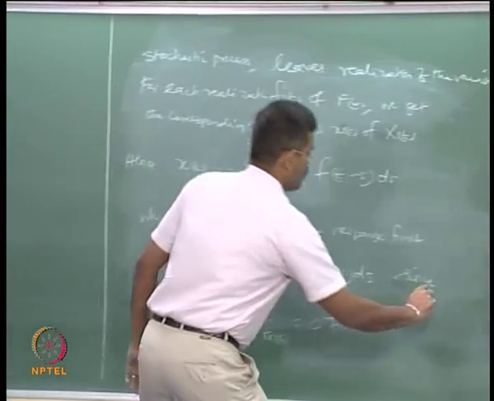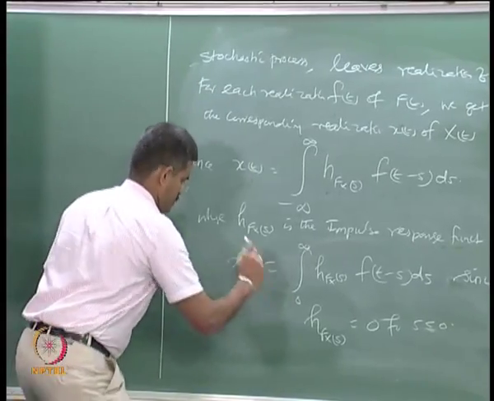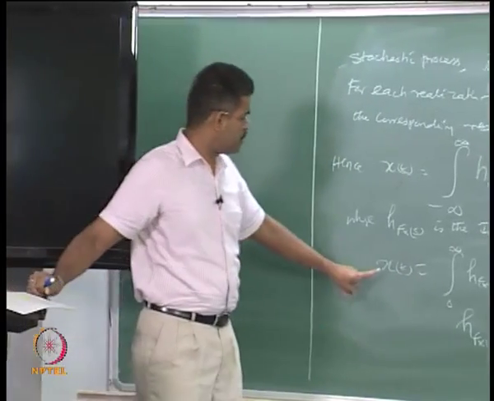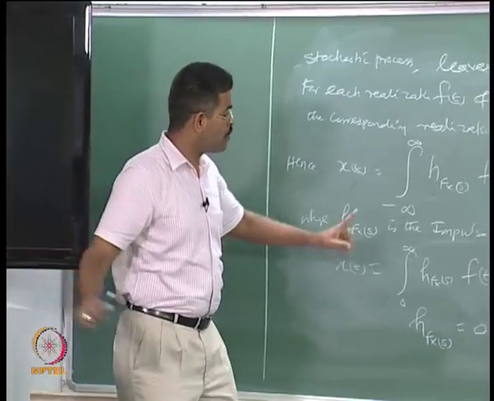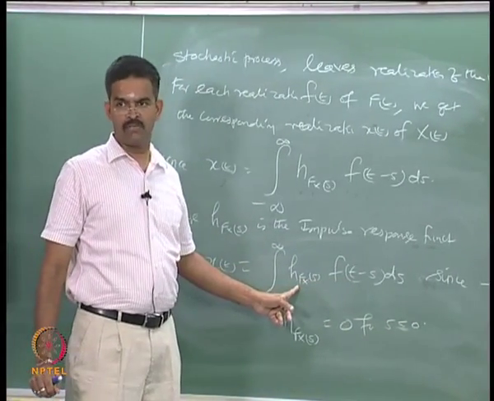Let us call this equation number 1. So this is my x of t. I am getting the response realization for a force realization multiplied by the impulse response function.